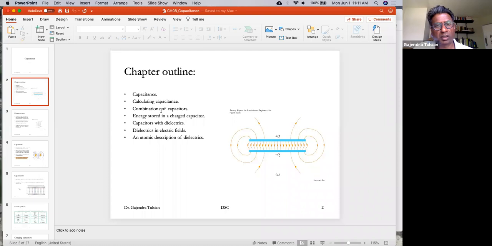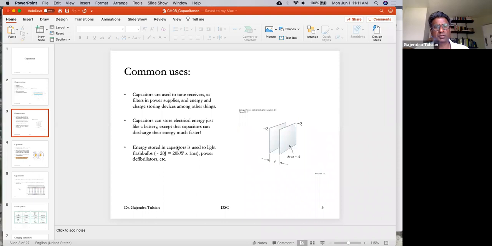And then we'll look at how we combine capacitors to get other capacitors and so on. We'll talk about energy stored in a capacitor. Dielectrics are insulators, and we'll talk about them. So those are some of the topics we'll cover.